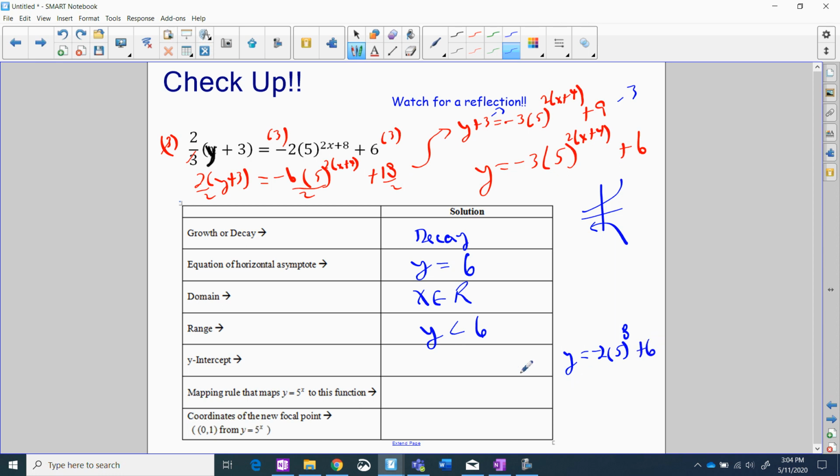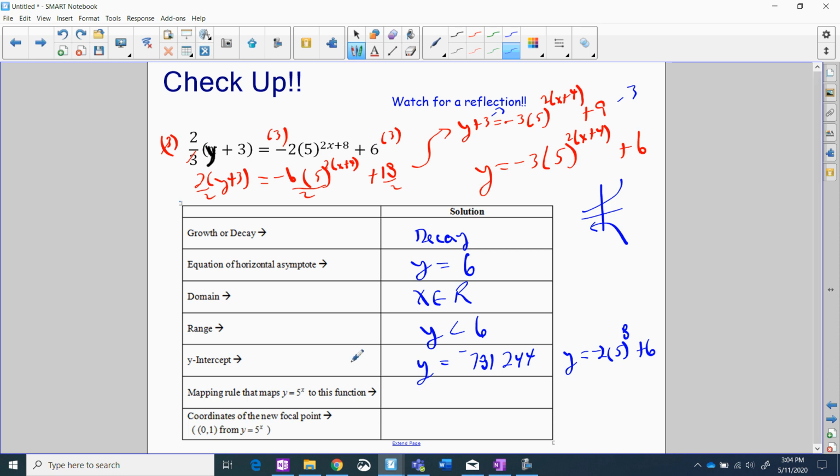So again, this is going to be a bigger number this time because it's not a negative exponent, so it's going to be 5 to the power of 8. Multiply that by negative 3, and then add 6. I get negative 1,171,869. And the good news is we don't have to draw this, so we don't really care about how ugly these numbers are. If we had to draw it, then I'd be a little concerned about that.